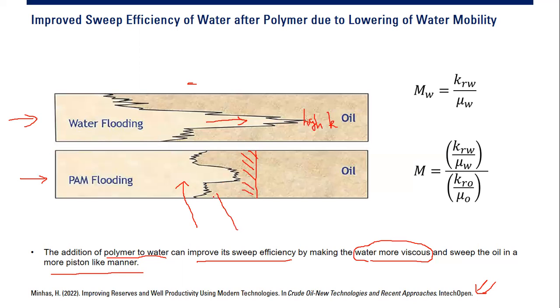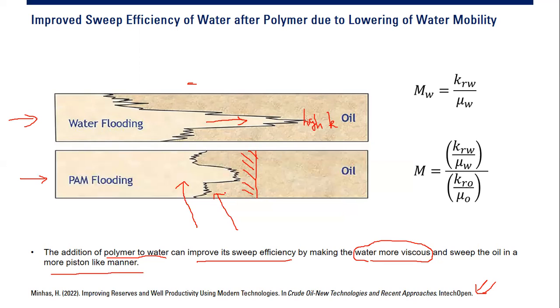But the PAM flooding is already very good. It is a more piston-like displacement compared to the water flooding, where you have a fingering issue or channeling issue like here. Okay, so again, adding polymer here will improve the sweep efficiency.